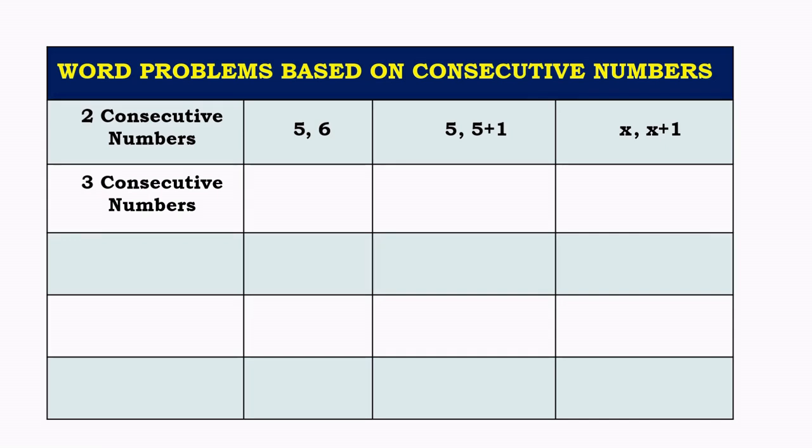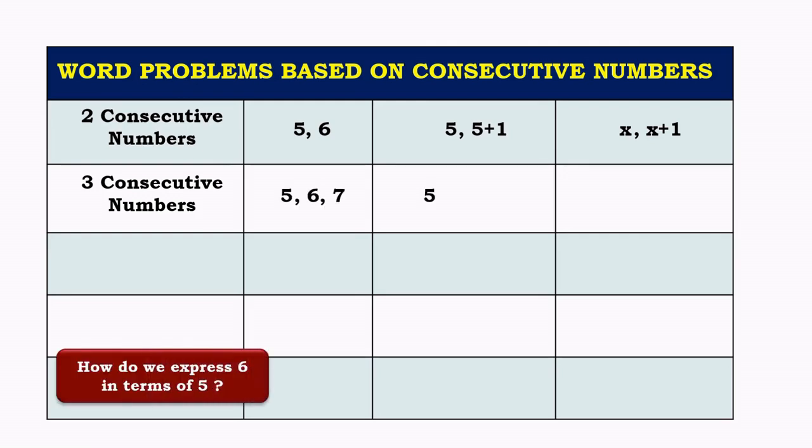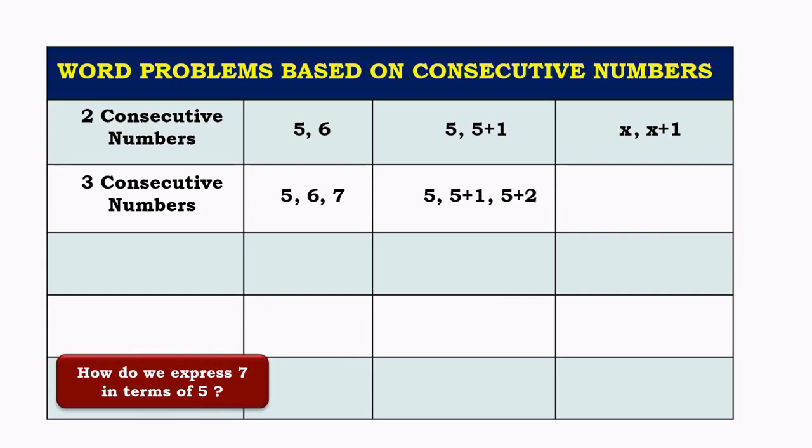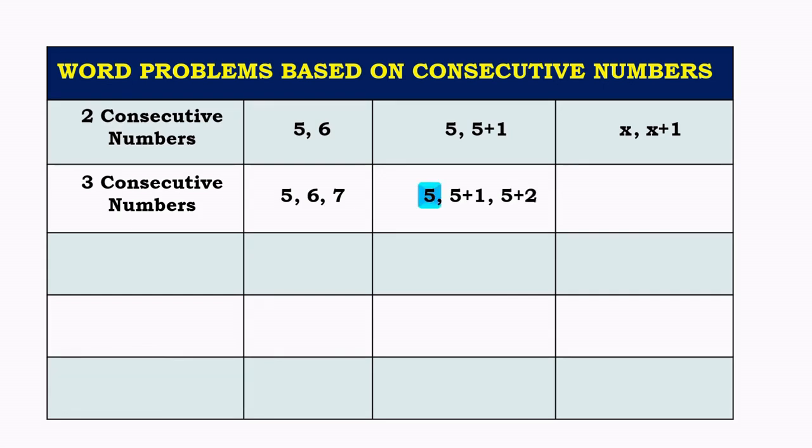Now let us consider three consecutive numbers. For example, 5, 6, and 7. We can write them as 5, 5 plus 1, and 5 plus 2. In algebraic form, they can be represented as x, x plus 1, and x plus 2.